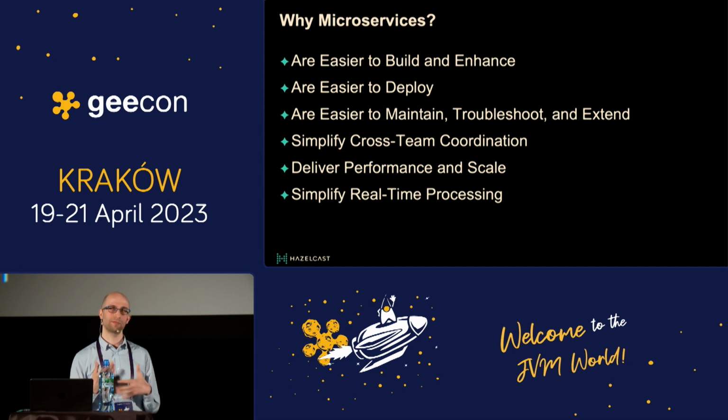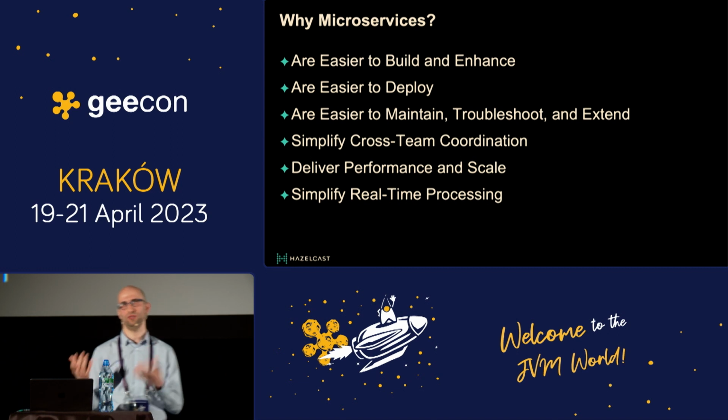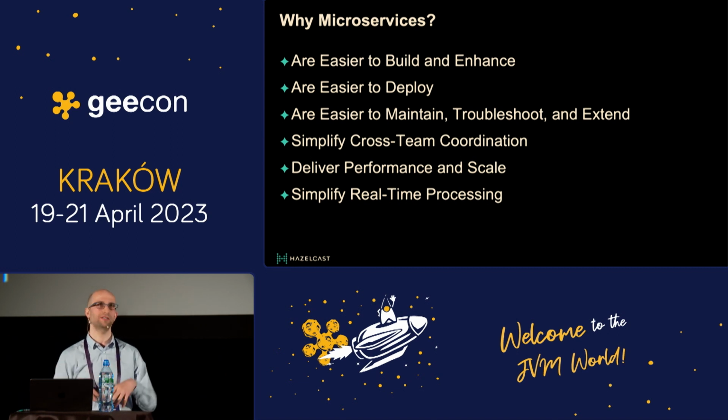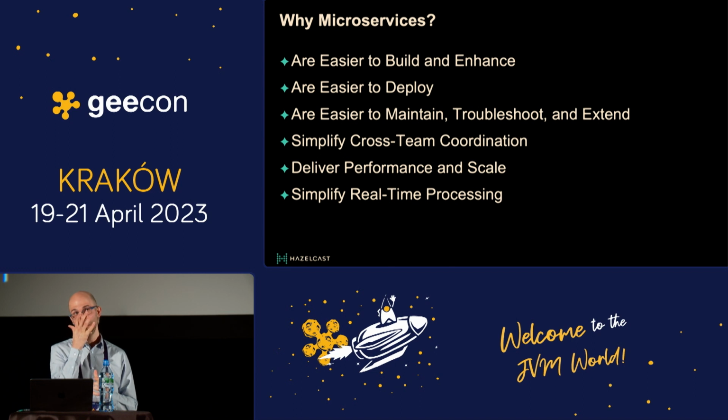It also simplifies cross-team coordination, so you have one team writing one microservice and a different team writing another. Also, it's easier to track performance and scaling, so you know exactly how each microservice is doing. And this is important for real-time stream processing because, as I mentioned, you want to minimize latency.